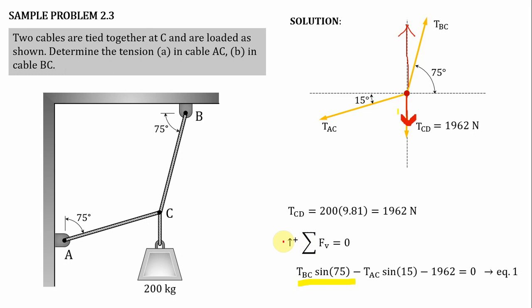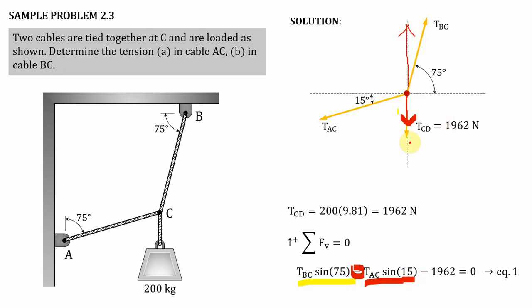And since nag-assume tayo ng going upward positive and going downward is negative, therefore yung vertical component ng tension AC is minus. Okay? Kasi going downward siya. So, the vertical component is equal to minus tension AC sin 15 degrees. Okay? That is the vertical component of tension AC.